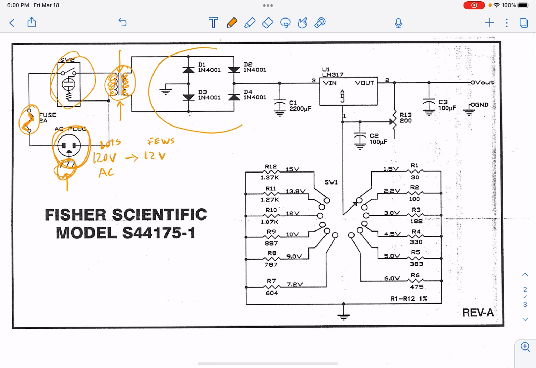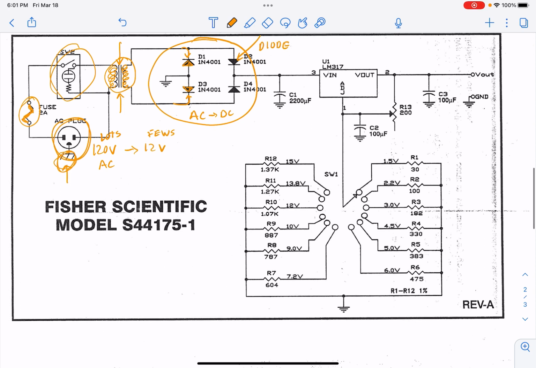Now this section right here is the part that turns the AC current into direct current, DC current. And the way that it does that is with these little devices called a diode. A diode only allows the current to go through in one direction. So, for example, you can see that the current can't go through this way or this way, because this arrow shows the direction that the diode will only allow the current to go.